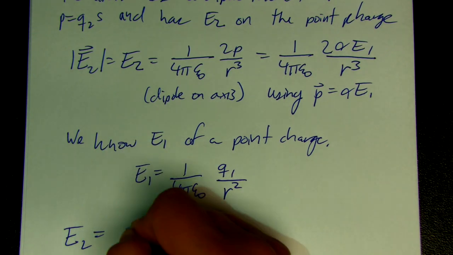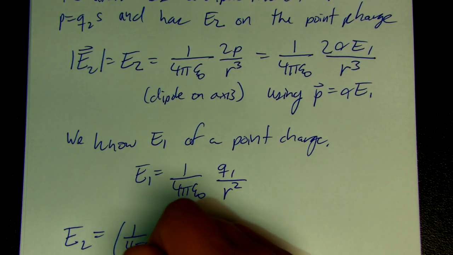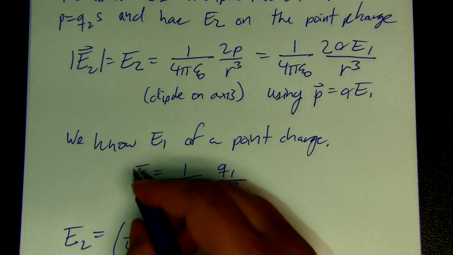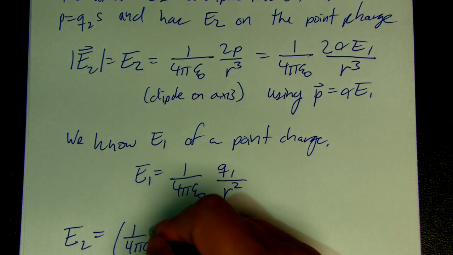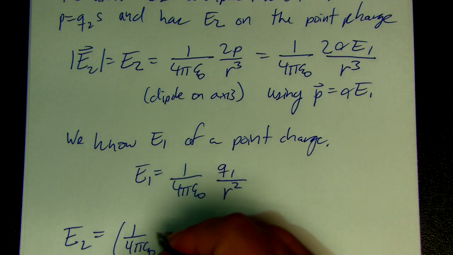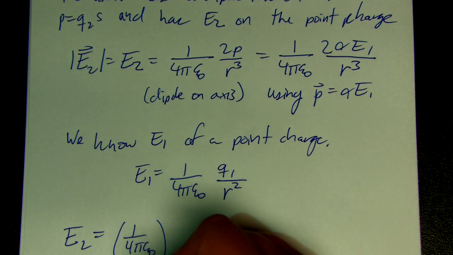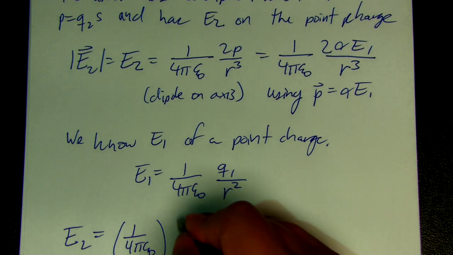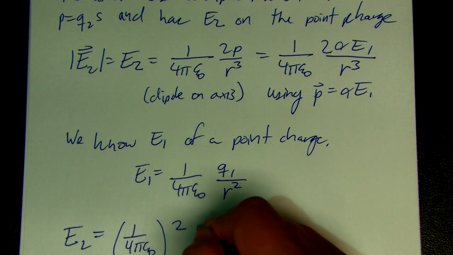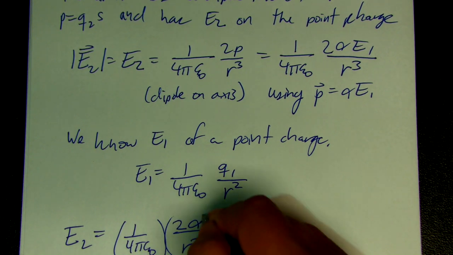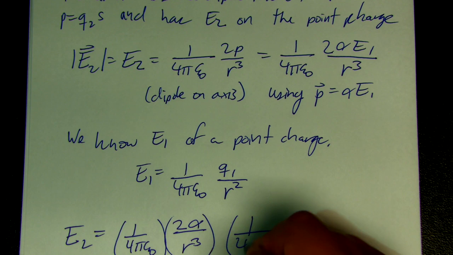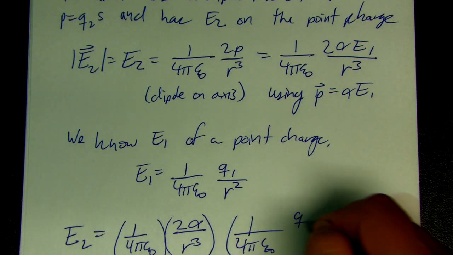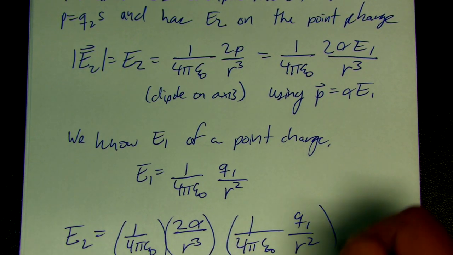So E2 is equal to 1 over 4 pi epsilon naught 2 alpha over r cubed times 1 over 4 pi epsilon naught q1 over r squared.